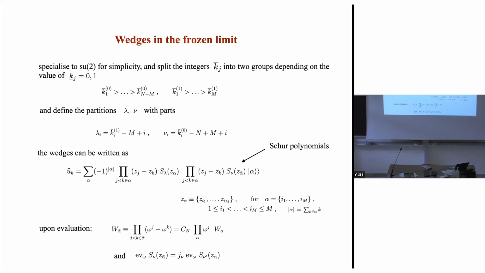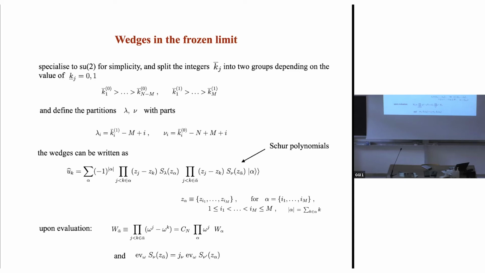So this will be the equivalent of the magnons. And from this collection of ordered integers, one can define some partitions whose parts are weakly ordered. So with this notation, one can write the wedges in the following way.